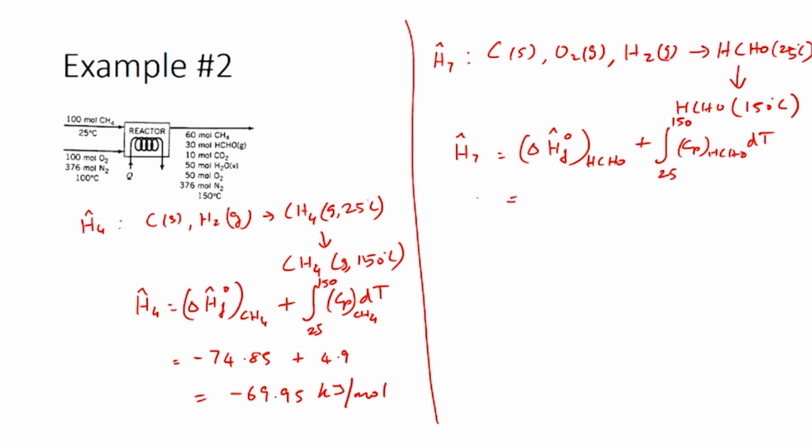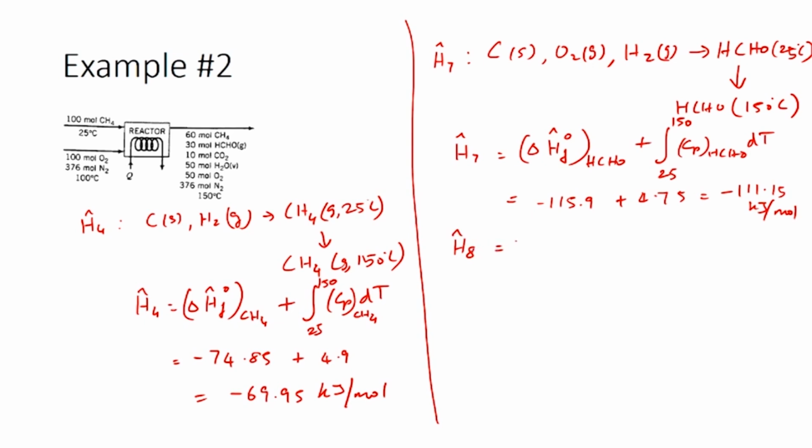Substituting these, we can get H7 cap as minus 115.9 plus 4.75, which is equal to minus 111.15 kilojoules per mole.